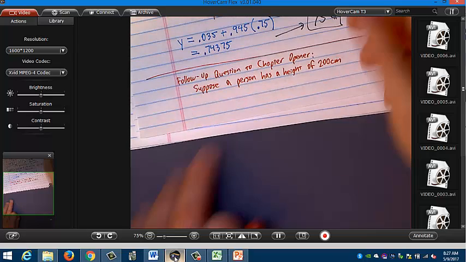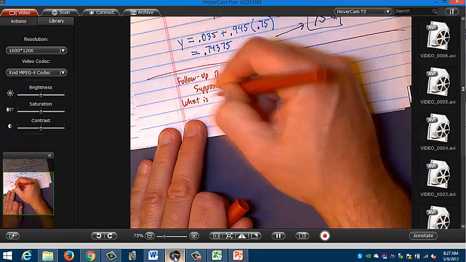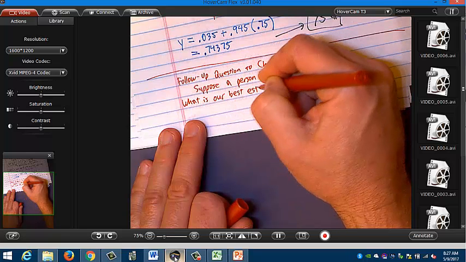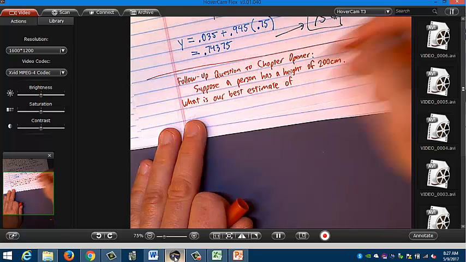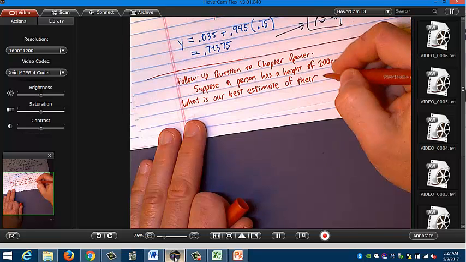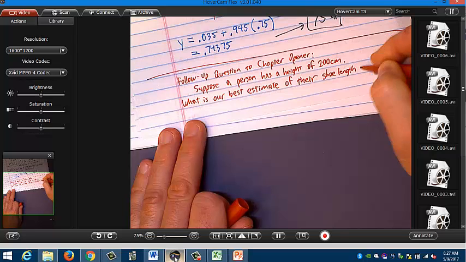And so the question I asked was, what is our best estimate of their shoe size, shoe length, in centimeters?